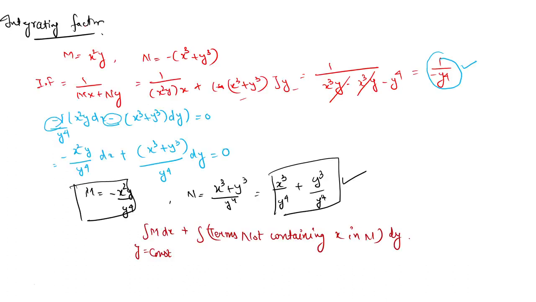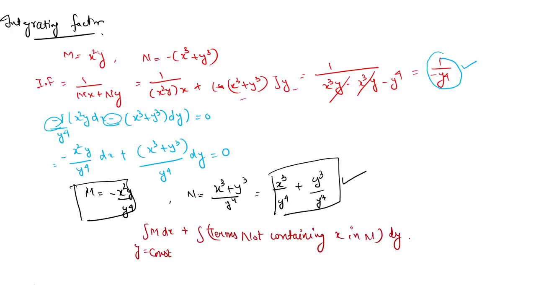It would be minus x²y over y⁴ dx plus, now they are saying terms not containing x. In this case, there are two terms, this one and this one. This term contains x, but this y³ over y⁴ does not contain x.